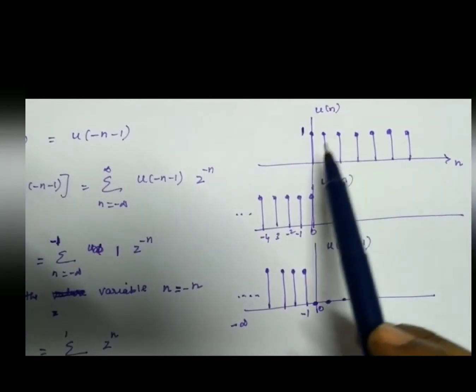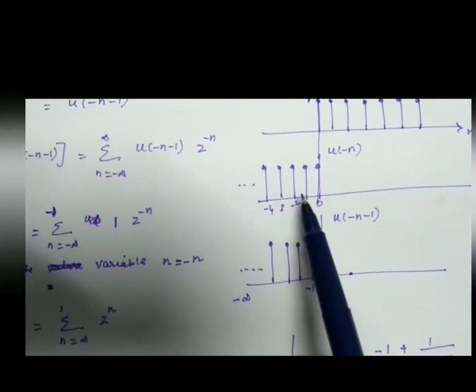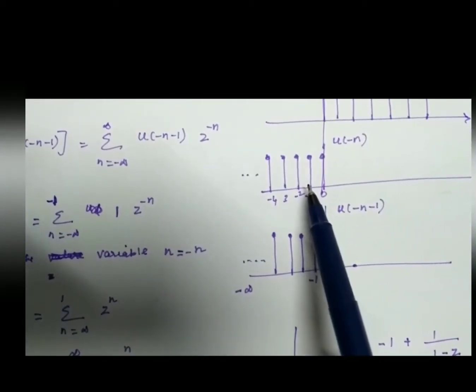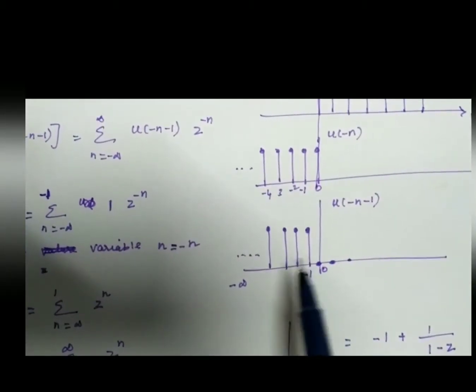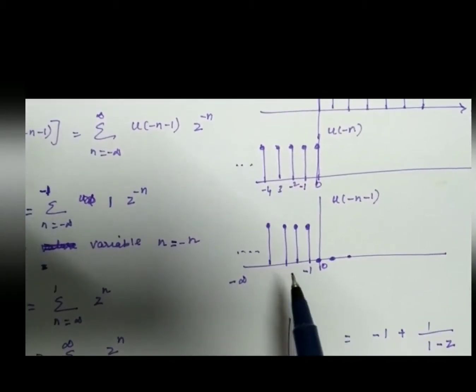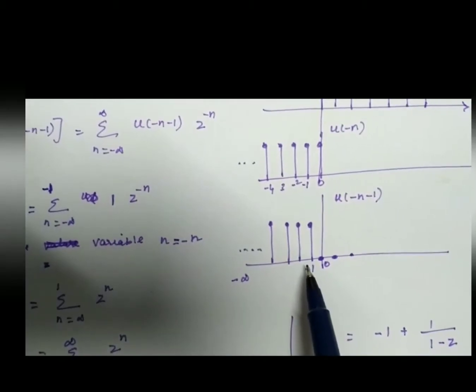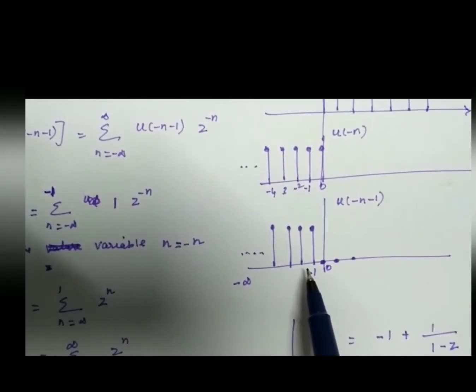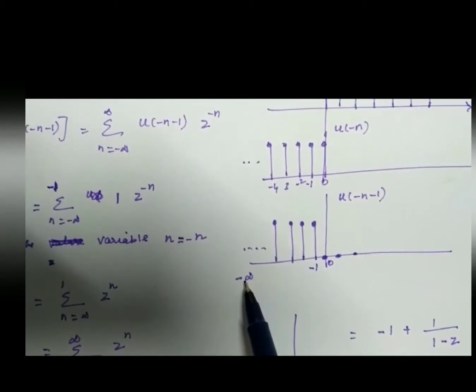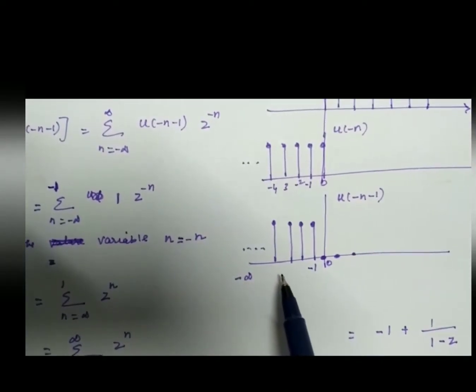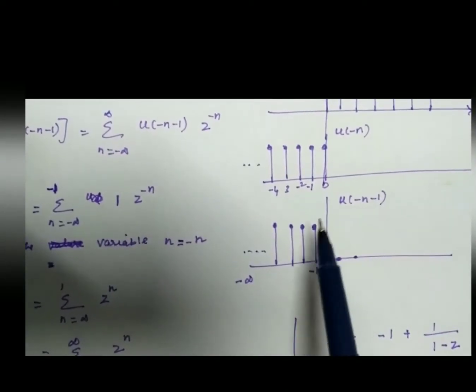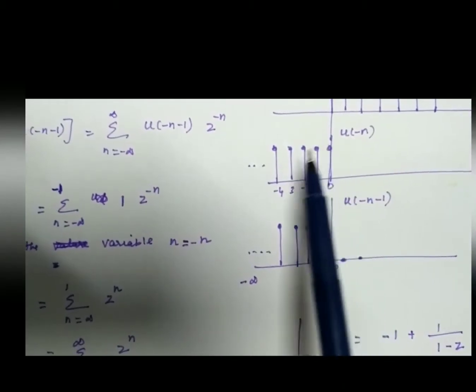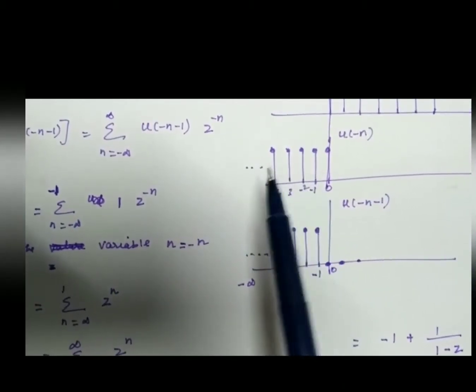When this signal is folded, that becomes u of minus n. When this signal is delayed by 1 unit on the left side, the sequence starts from minus infinity and goes up to minus 1. That is, u of minus n is delayed by 1 unit to the left side.